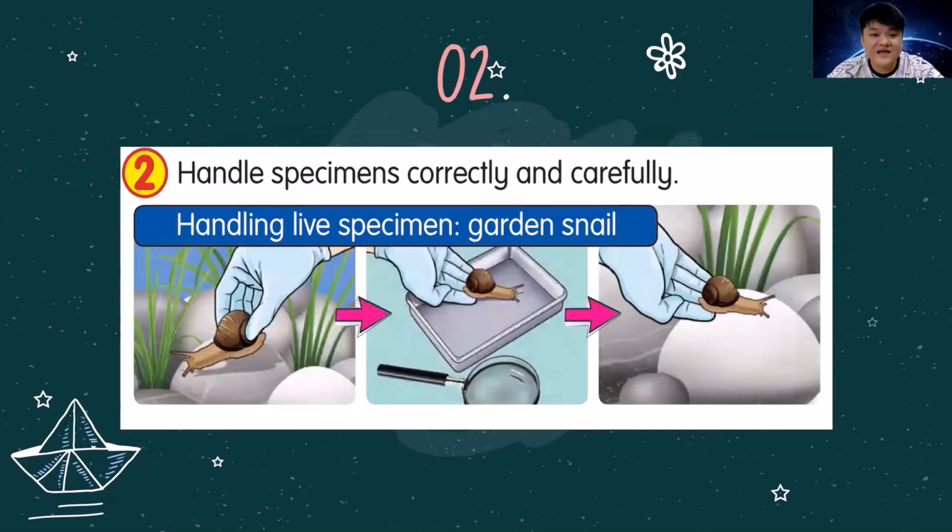Very good. Number 2, we must also know how to handle specimens correctly and carefully. We must handle specimens such as over here, the snail. We must handle the snail correctly and carefully so that the snail does not get hurt.